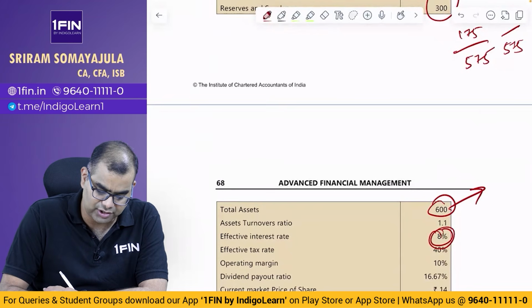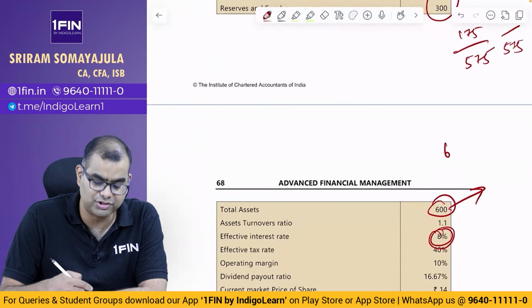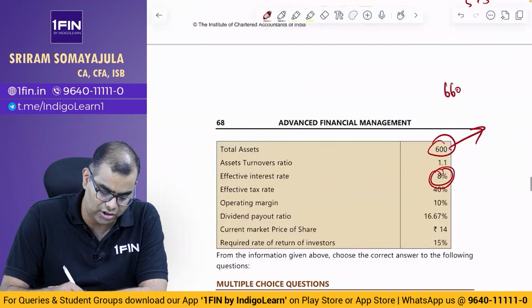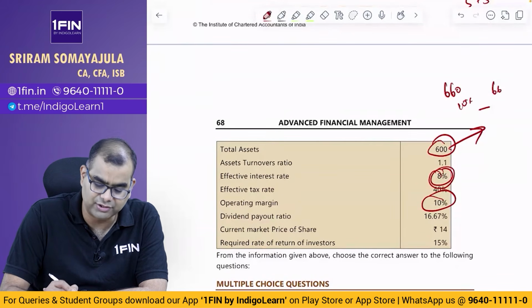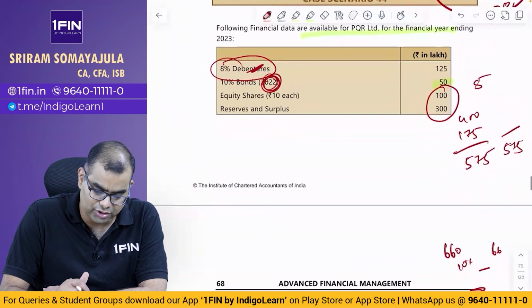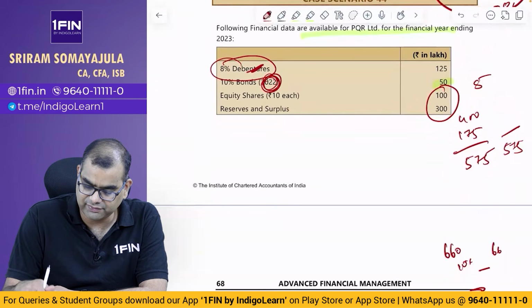Okay, asset turnover ratio. So asset turnover ratio is total turnover divided by asset. So turnover is 660. On that your operating margin is 10%, which is 66. From that you subtract interest. Interest is how much? 8% on your 175. 175 into 0.08, you have 14.